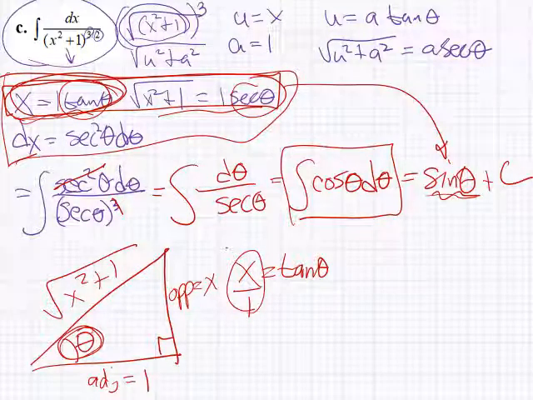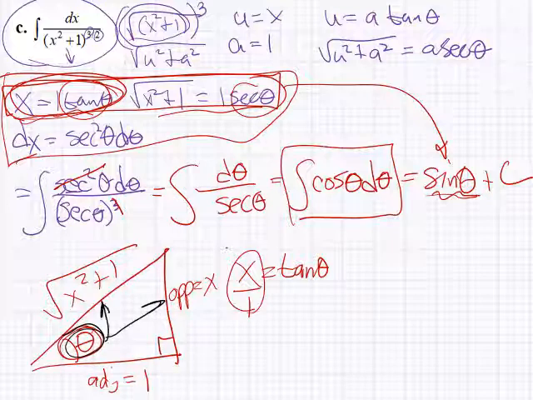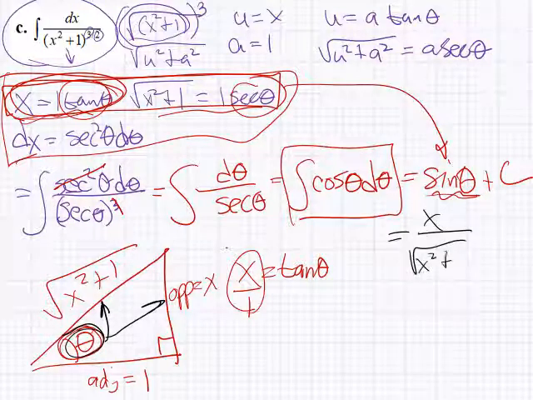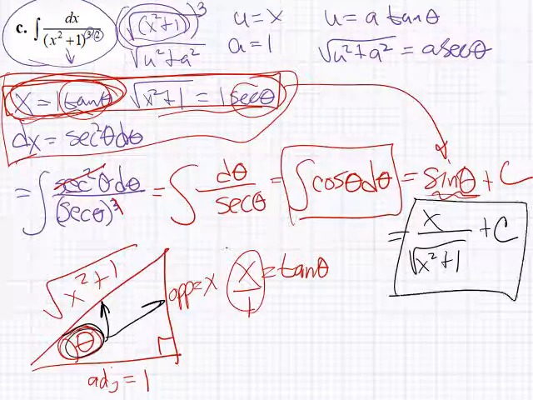And now, if I'm going to take the sine of theta, I need the opposite over the hypotenuse. So the sine of theta should equal x over the square root of x squared plus 1, plus c. Now I'm back to x. Don't bother rationalizing that denominator. This answer is perfectly fine, and we're good to go.